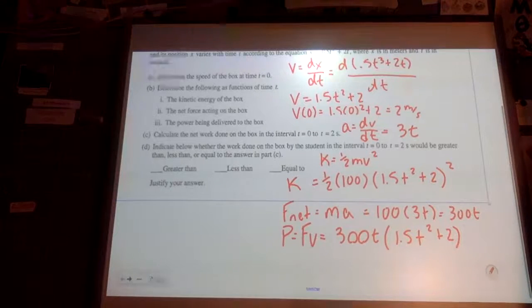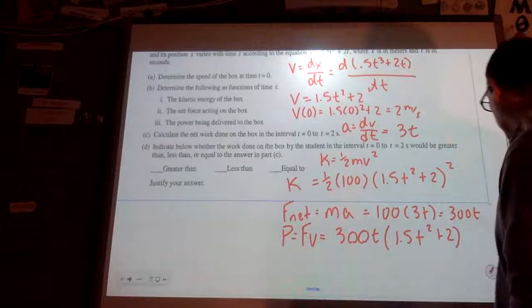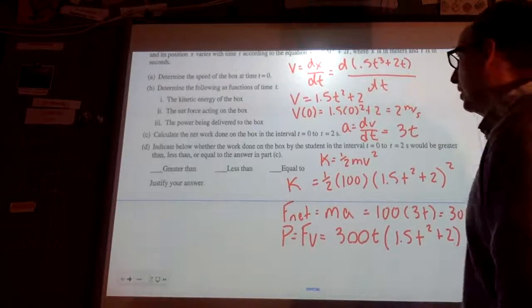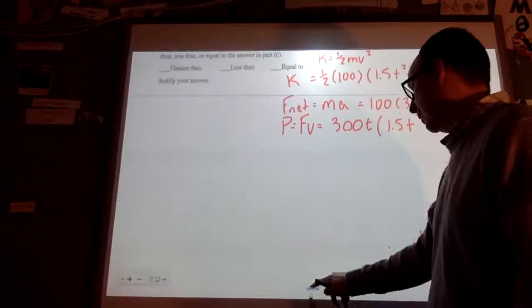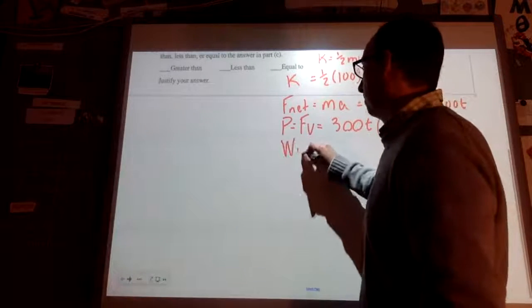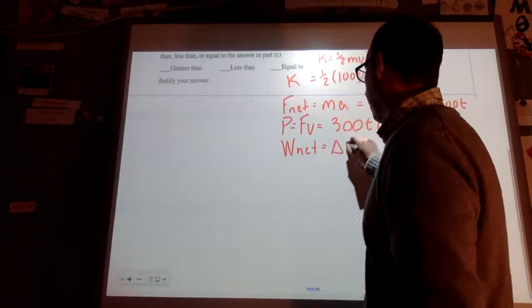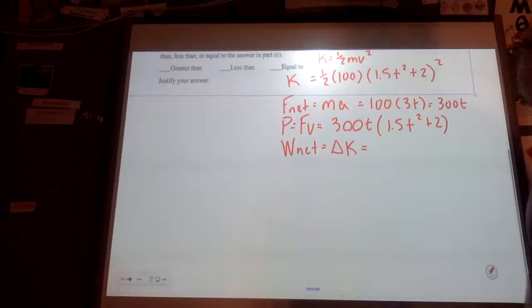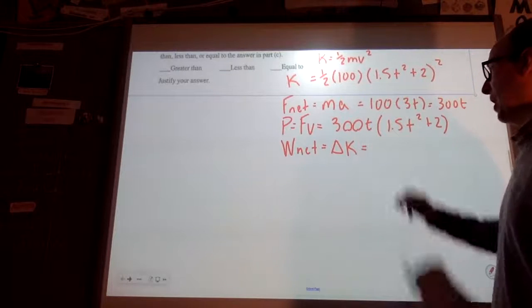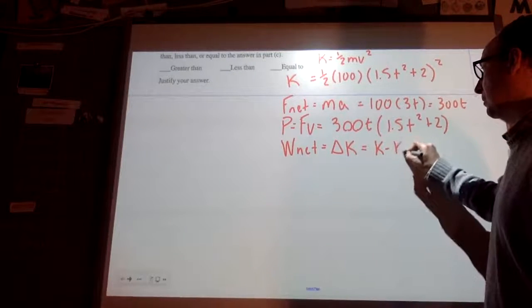C, the net work done on the box between 0 seconds and 2 seconds. So our net work is going to be our final kinetic energy minus our initial kinetic energy.